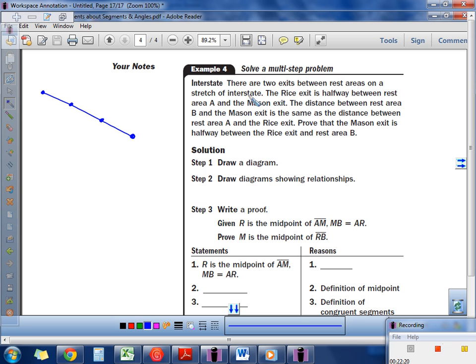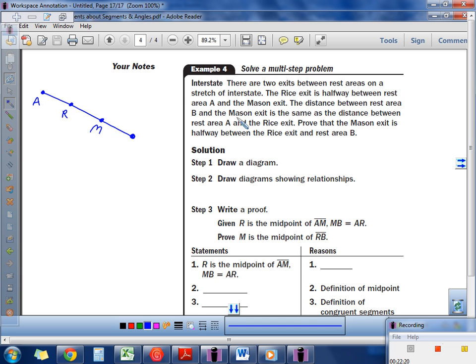But now I just need to label them with the appropriate parts. So we're on sentence number 2 now. The Rice exit is halfway between rest area A and the Mason exit. So remember, it did say the rest areas are on the ends. So there's rest area A, and the Rice exit is halfway between A and the Mason exit. On down it says the distance between rest area B and Mason.